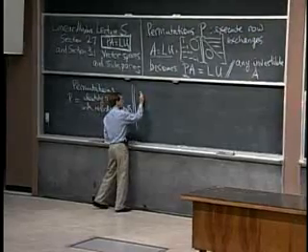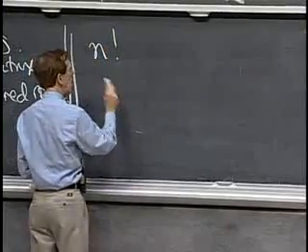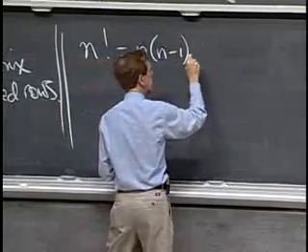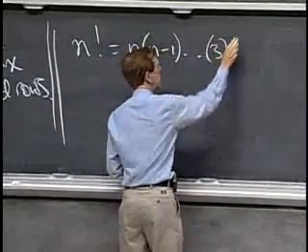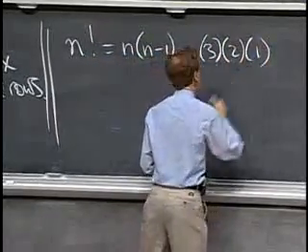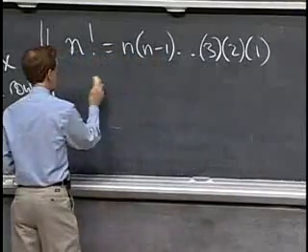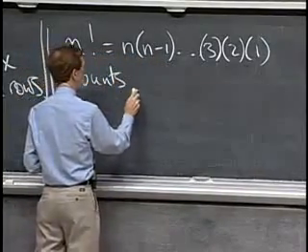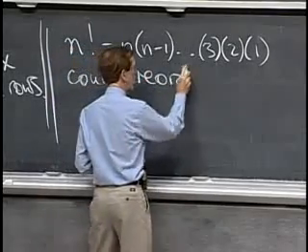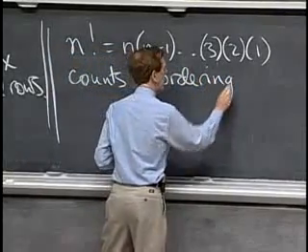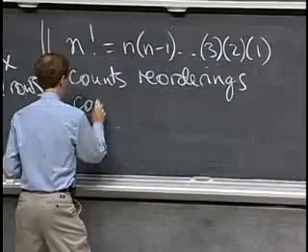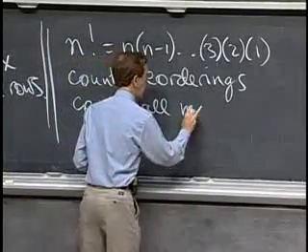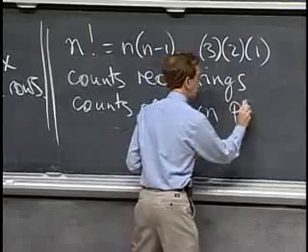The answer was n factorial. This is n times n minus 1 times n minus 2 times ... times 3 times 2 times 1. That counts the possible reorderings. So it counts all the n by n permutations.